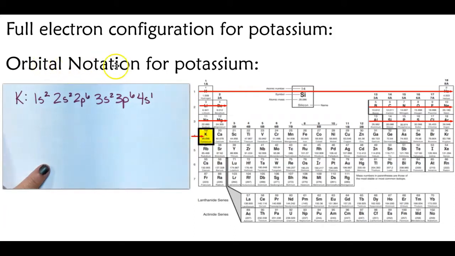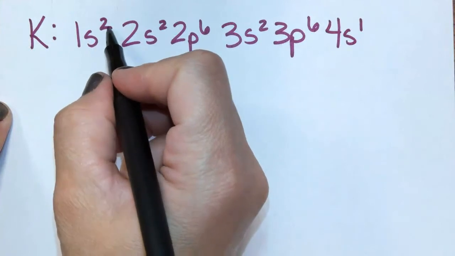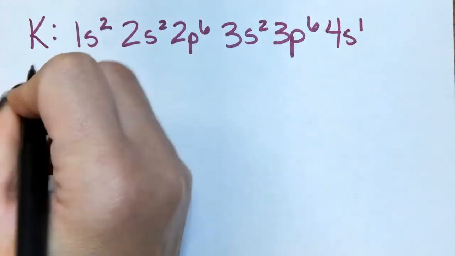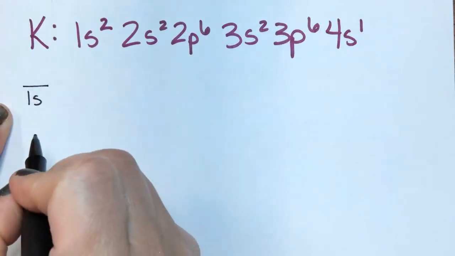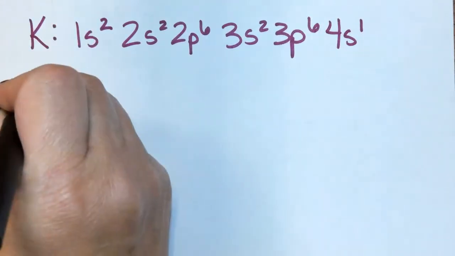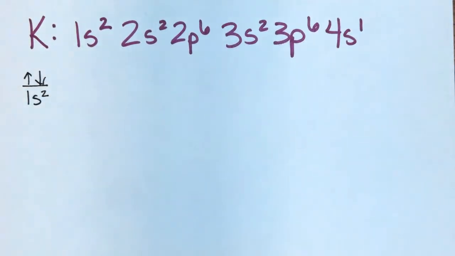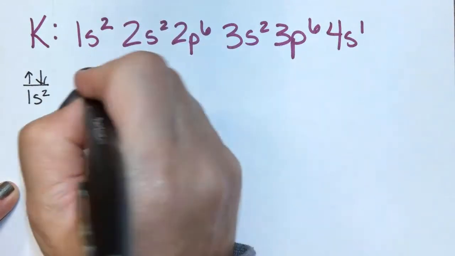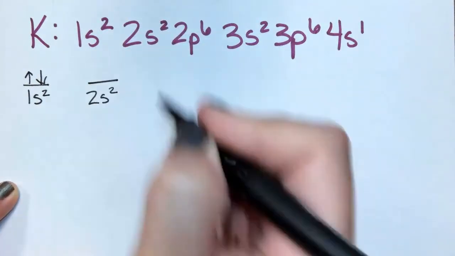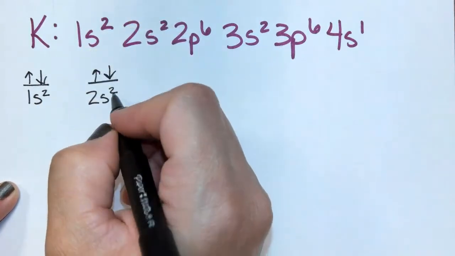Now let's write the orbital notation for potassium. So first, I'm going to take my 1s. S sublevels can have one orbital, which is denoted with a blank. We have 2 electrons, one up spin, one down spin, and we'll put a 2 there. Next is 2s2, so I'm going to write 2s2, one orbital, up arrow, down arrow for my 2 electrons.